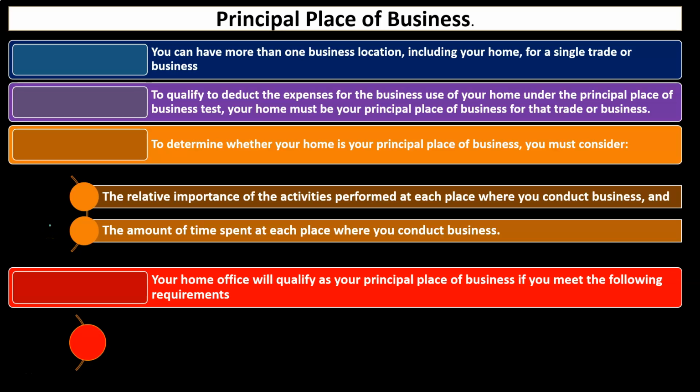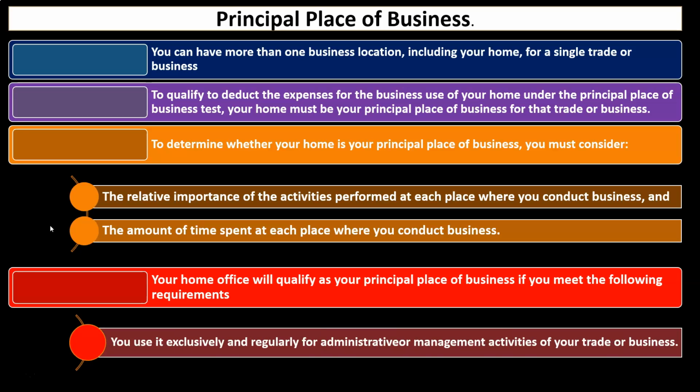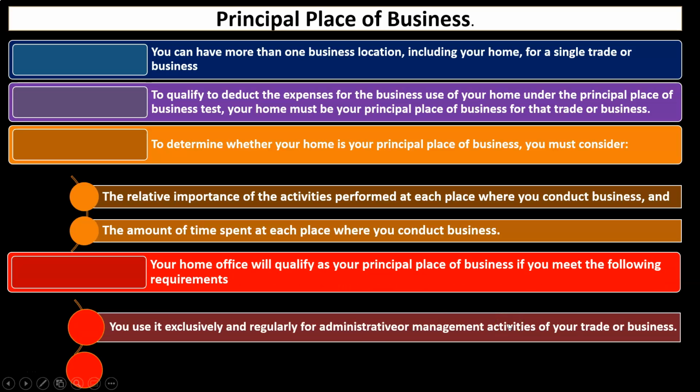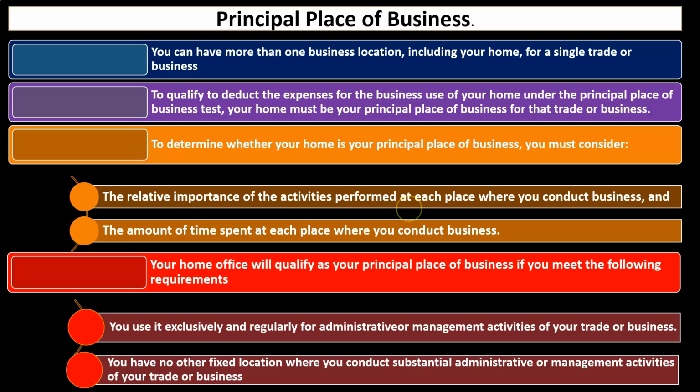Your home office will qualify as your principal place of business if you meet the following requirements. You use it exclusively and regularly for administrative or management activities of a trade or business, and you have no other fixed location where you conduct substantial administrative or management activities of your trade or business.